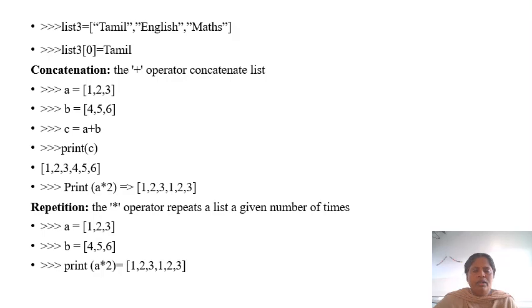If I want to print the list A values 2 times, we can write A star 2. Automatically the same values appear 2 times in the list. That is called repetition. Whatever repetition you need, you just give that number. If you need 2 times, give 2. If you need 3 times, you can give 3, like that.